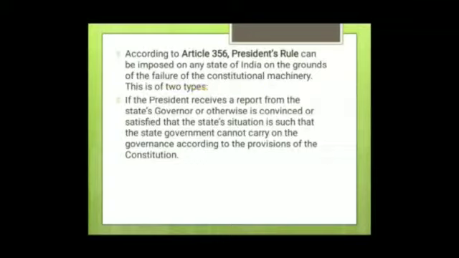Now this is of two types. If we understand what this failure of constitutional machinery in a state is, it is also known as President's Rule. Basically, if the president, on the governor's report or otherwise, is satisfied that a situation has arisen in that state in which the government cannot be carried on in accordance with the constitutional provisions, then he may issue the state emergency.